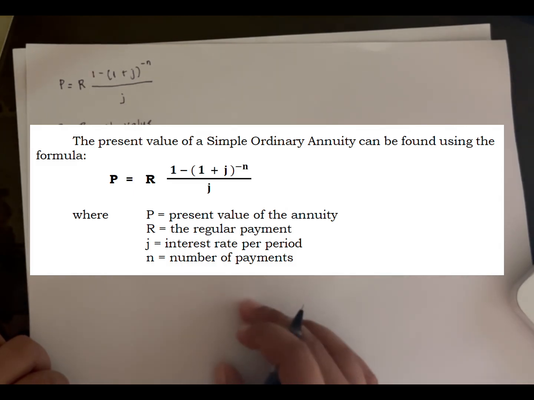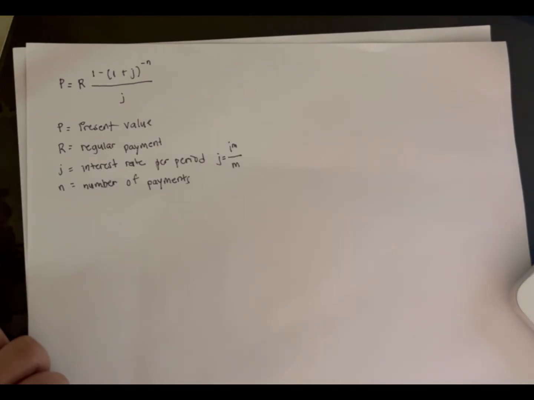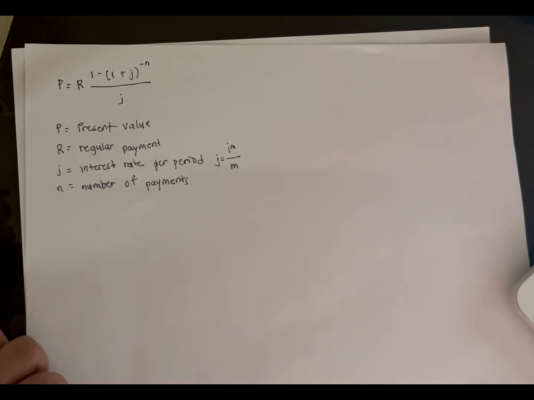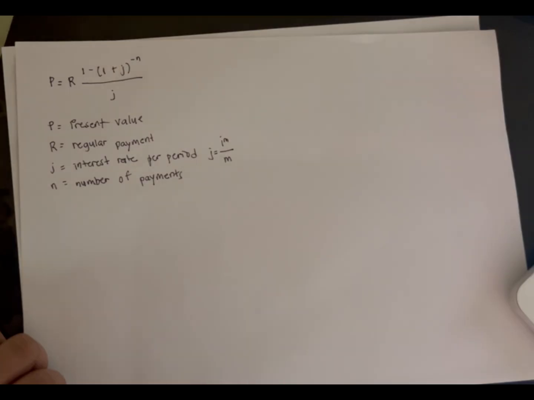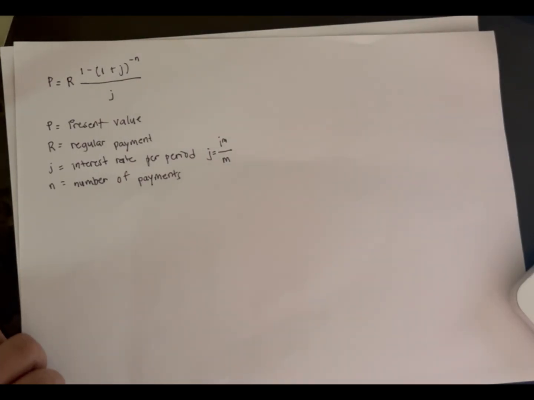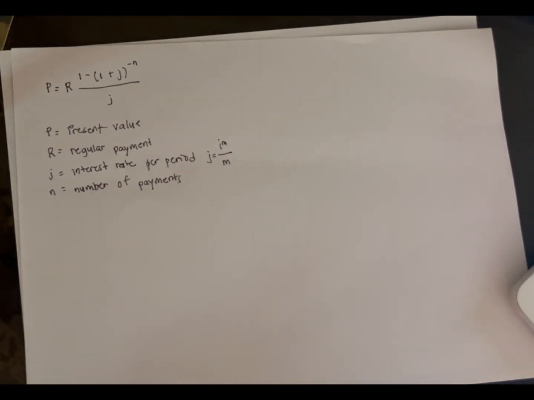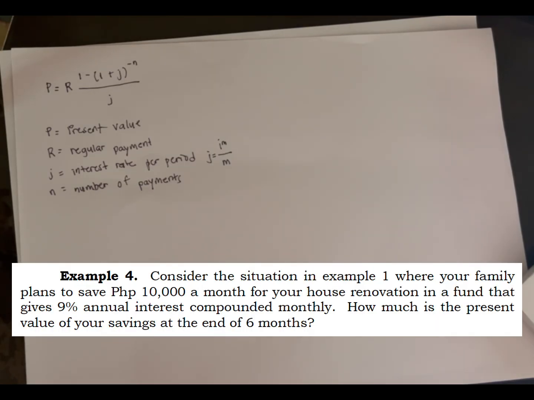So yan po ang ating formula. Let us try to solve the present value of the same problem kanina na ginawa po natin sa ating future value. Follow lang po natin yung formula. Again, the problem is: your family plans to save 10,000 pesos a month for your house renovation in a fund that gives you 9% annual interest compounded monthly.